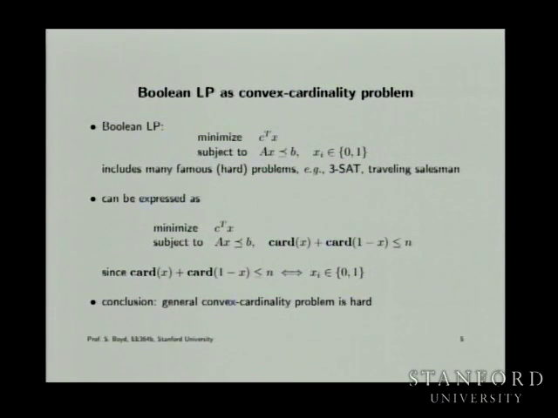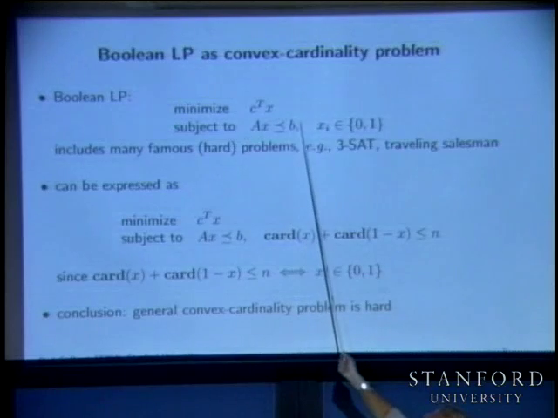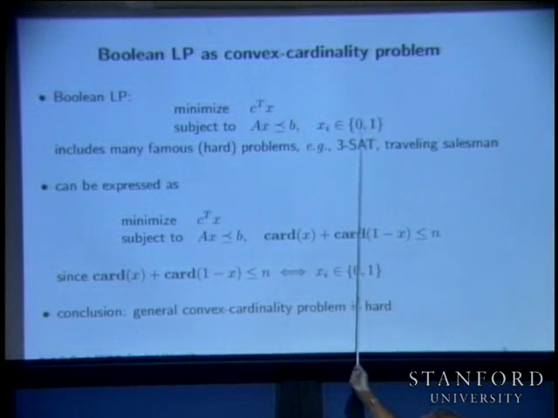There's a very good way to write these out as a Boolean LP. So a Boolean LP looks like this. You minimize a linear function subject to linear inequalities, but these x's are simply 0, 1.